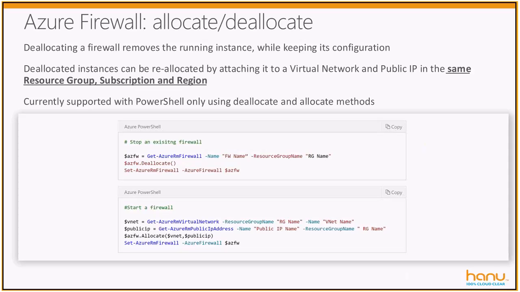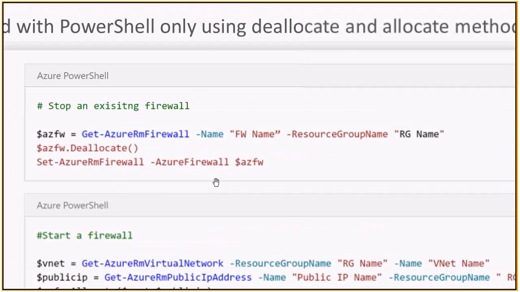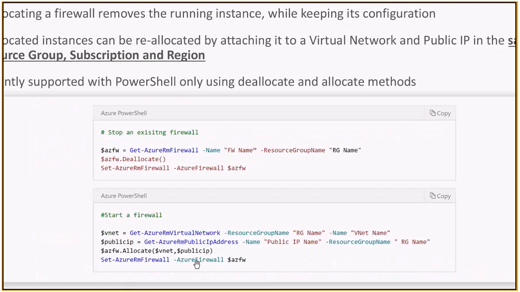Whenever we are working with a NIC card, we have to detach it, but that is not needed here because we are not attaching anything. We are just putting this on top of everything. So these three commands can deallocate it, and you can allocate it similarly.